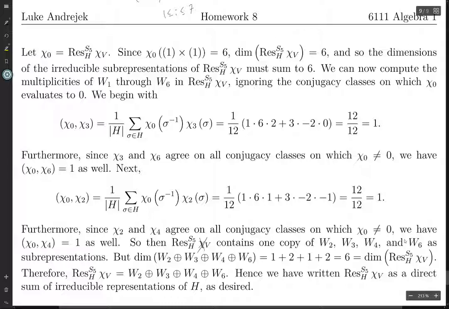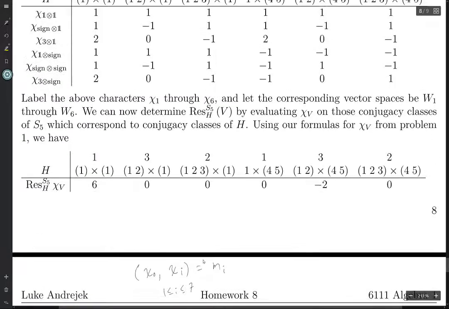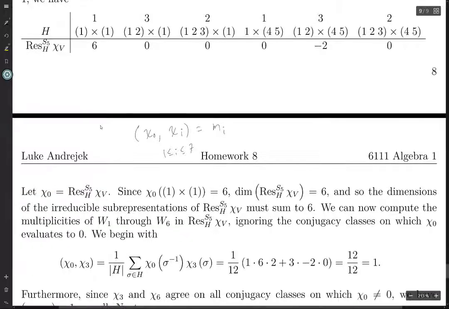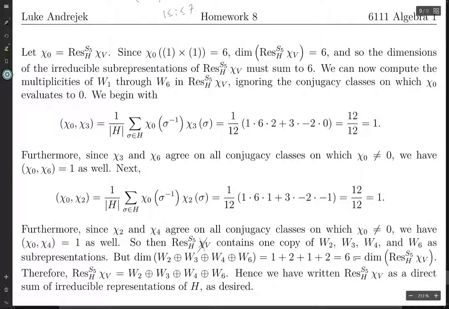It doesn't matter. The main idea is that this thing contains one copy of each of these. But now if we look at the dimensions of these, we've got 1, 1, and then we had 2 and 2. And we add those up, we get 6. But that's the dimension of the restricted representation.